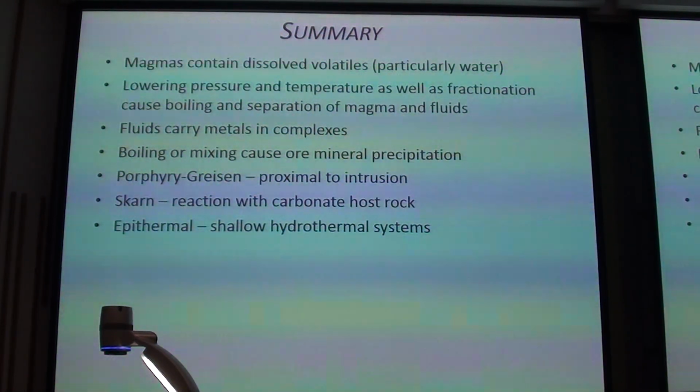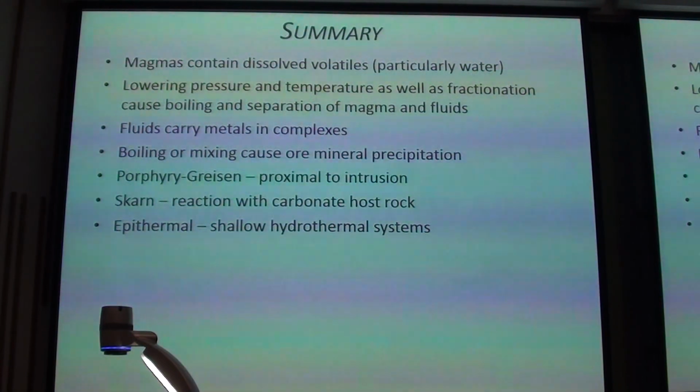So to summarize, magmas start in the mantle, they contain dissolved volatiles. Lowering pressure and temperature as well as fractionating causes boiling and separation of these fluids, which can then carry metals as complexes.